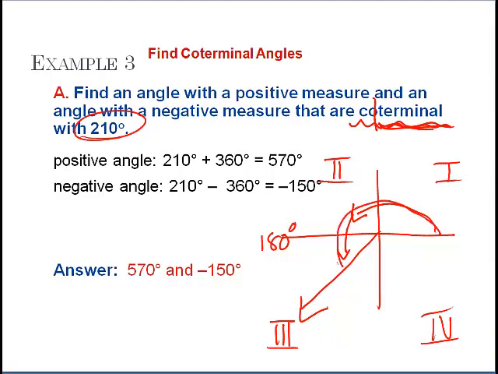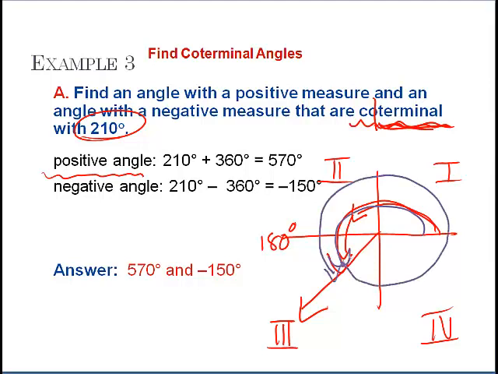So our first one is our regular 210. Then we're saying that we want another angle that's going to be positive. So all we have to do is take where we're starting from, 210, and add a full rotation of 360 degrees. Then we would be back in the exact same terminal side with a rotation of 570.